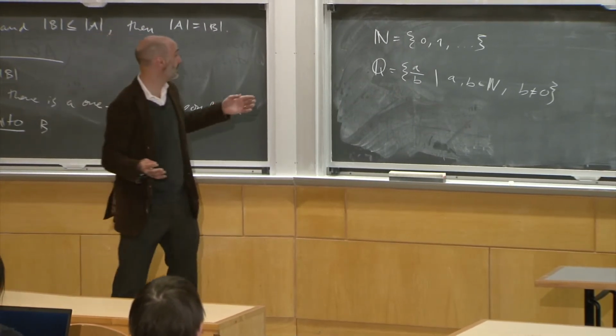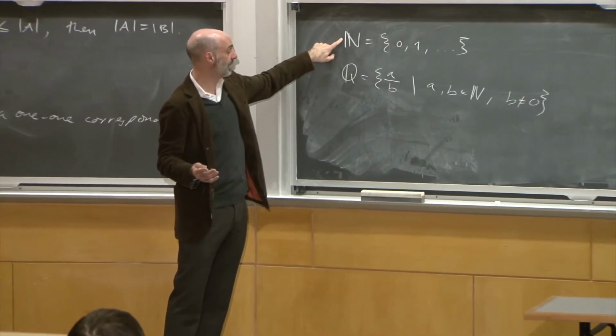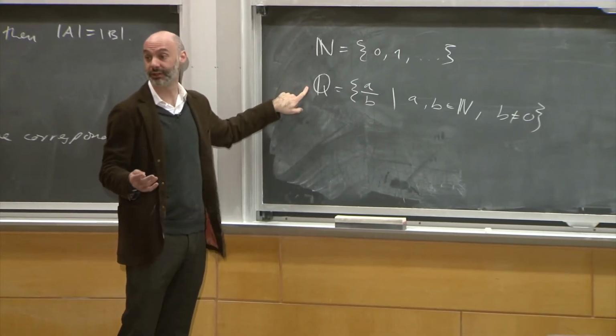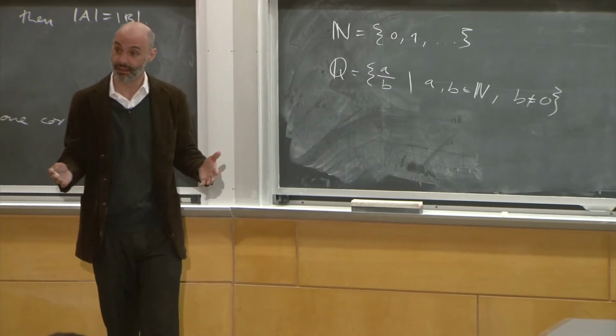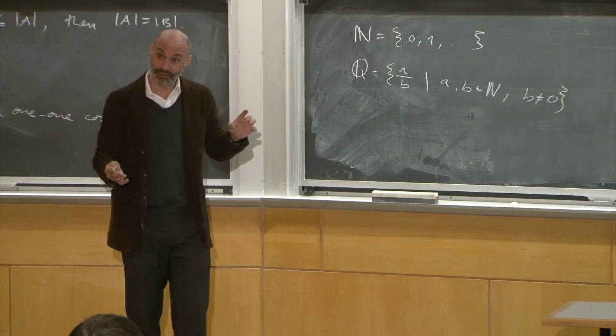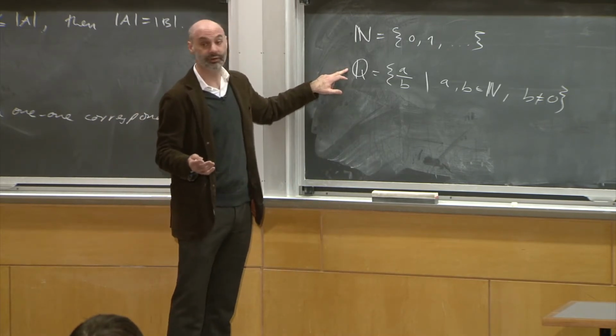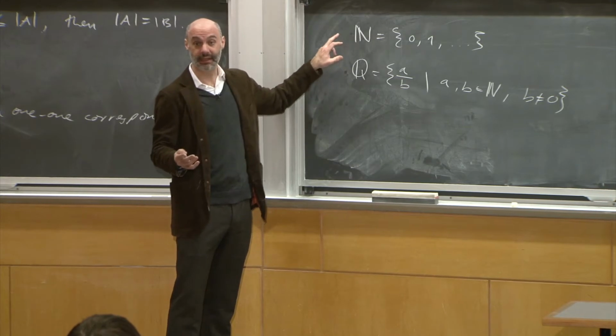So it's very easy to define a one-one function from the natural numbers into the rational numbers, just the identity function. The difficult question is the other way around. Is it possible to find a one-one function from the rational numbers into the natural numbers?